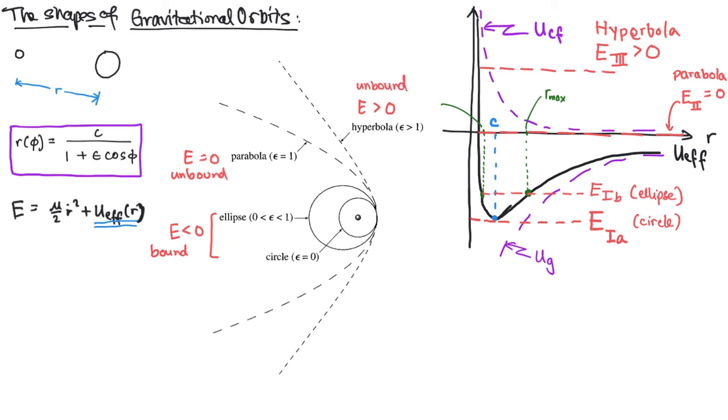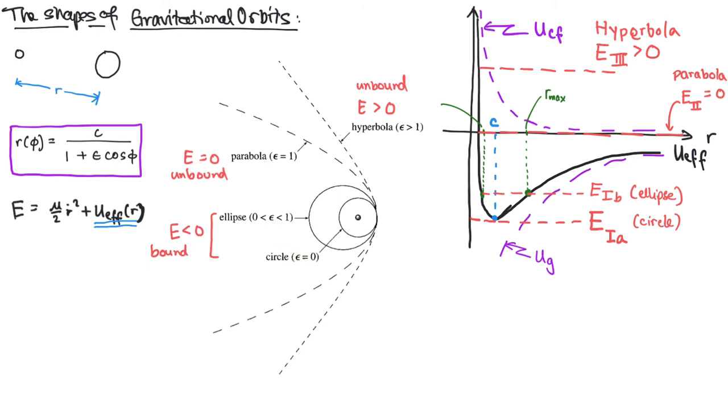It's unbound because the separation between the objects grows without limit in both the hyperbola and the parabola, but the separation between the two bodies is limited for the circle and the ellipse. And in the case of the circle, that separation is constant. So I'll leave you with a couple other expressions. You might infer that there's a relationship between epsilon and energy.